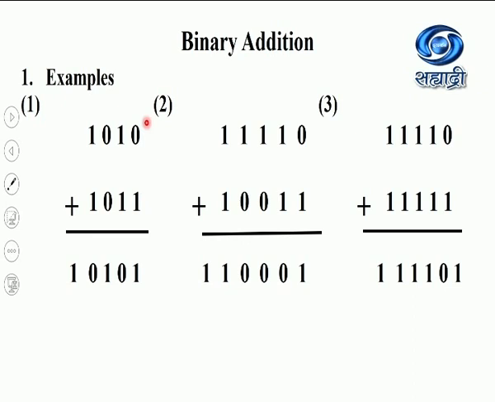So here 0 plus 1 is 1. 1 plus 1 is 0. 0 plus 0, its sum is 1. And 1 plus 1, sum is 0 and carry is 1. So in this fashion, we are going to add two 4-bit numbers. Let us solve the next example.